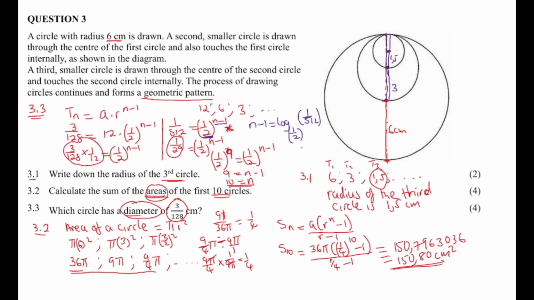You just put this in the calculator, look for this function in your calculator, and put these things as they are. You'll get that n minus 1 is equal to 9. Then you add 1 on both sides of the equation, you get n is equal to 10.